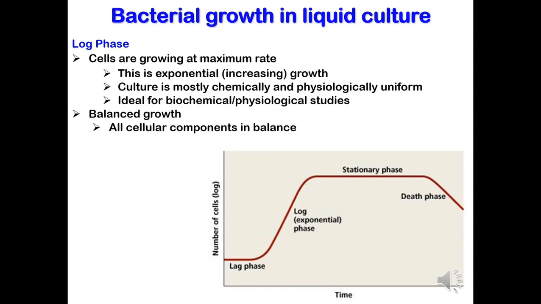So the growth rate is constant and the bacteria cells are doubling in number at regular intervals. And when conditions are optimal for the cells, this will result in a steeper slope in the growth curve. This stage of bacterial growth is ideal for biochemical and physiological studies because the culture is chemically and physiologically uniform. So it's very useful when doing experiments for all the cells to be uniform.